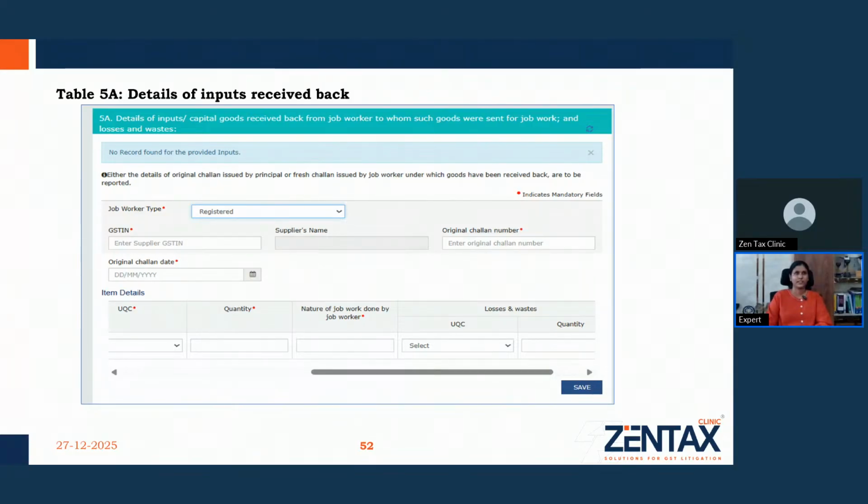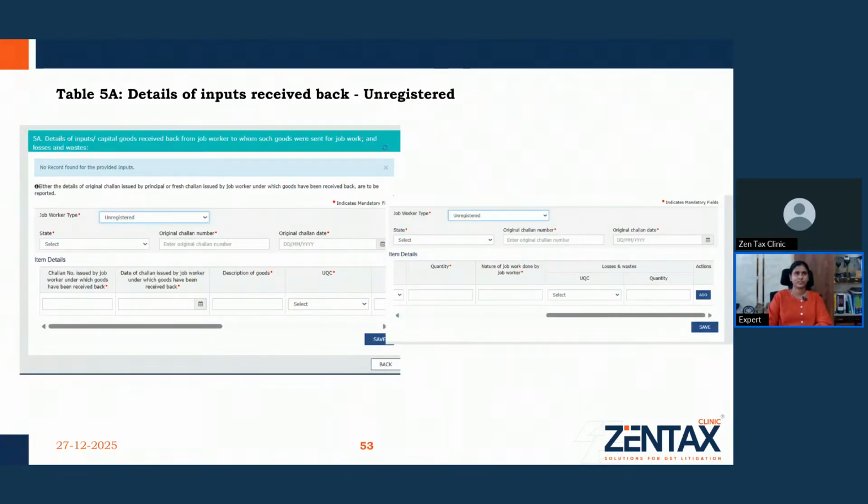Here we also need to mention the nature of job work done by the job worker. This nature of job work is also a mandatory field which has to be mentioned. Since this is a lengthy form, we have given it in 2 portions.